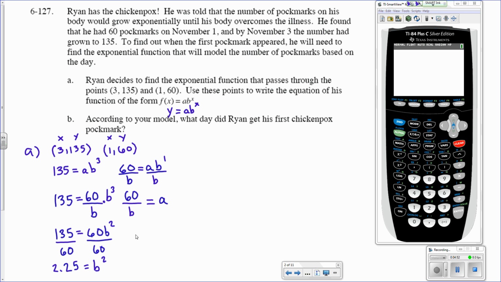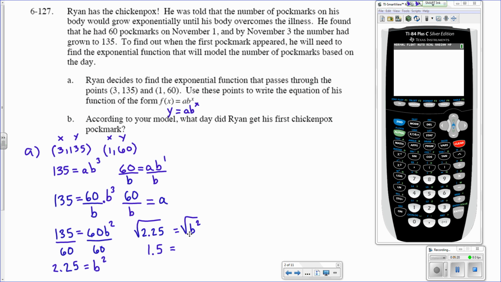And since I'm kind of out of space there, I'm just going to move it over. I'm going to say 2.25 equals b squared, and we can take the square root of each side to figure out what b is going to be. We'll see here that the square root of 225 is 15. So the square root of 2.25 should be 1.5.